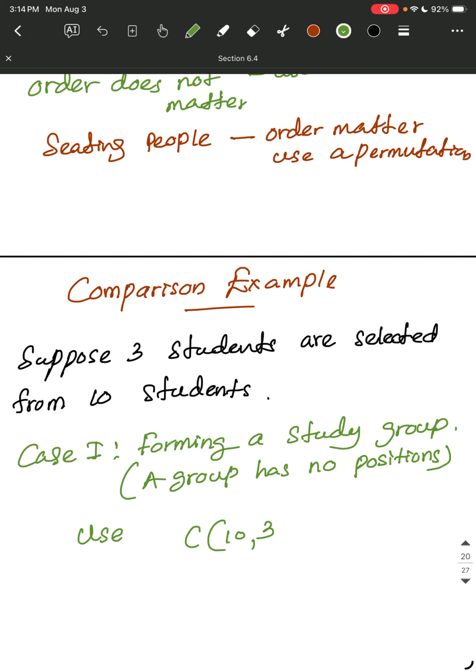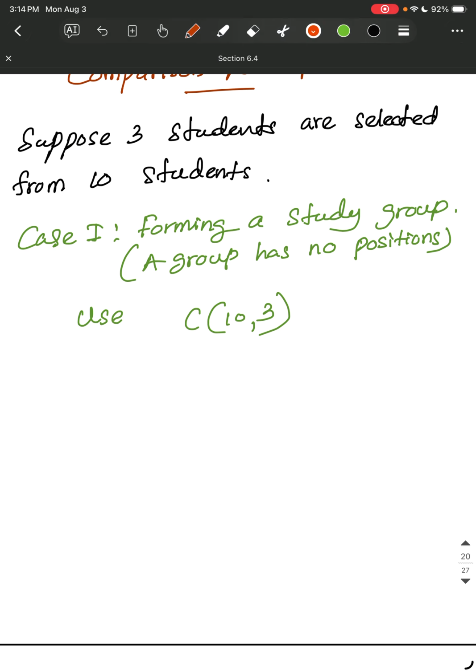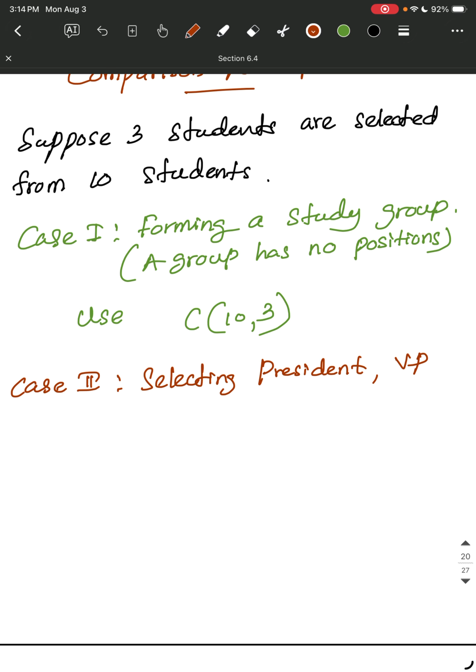Case 2. Selecting president, vice president and treasurer. These are different positions, so use permutations.